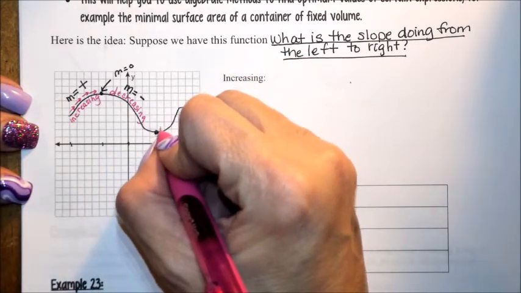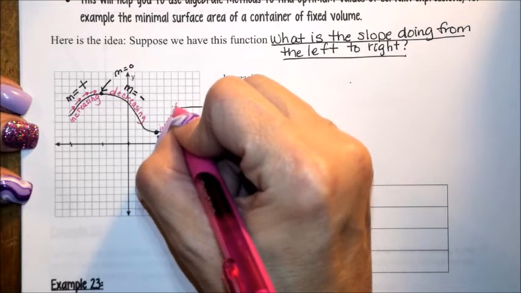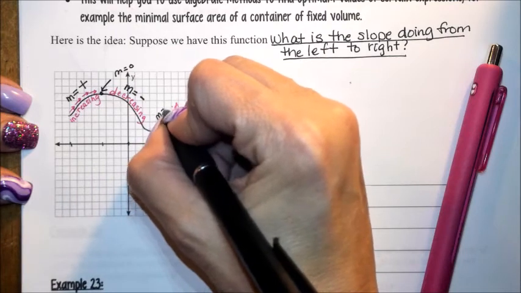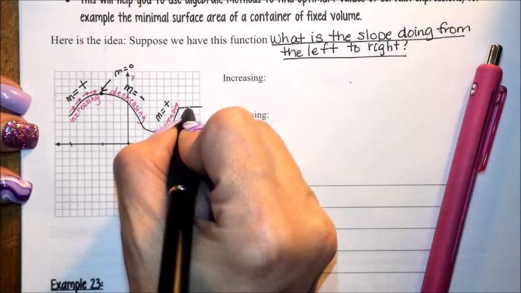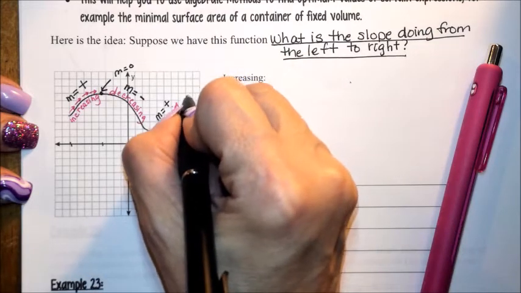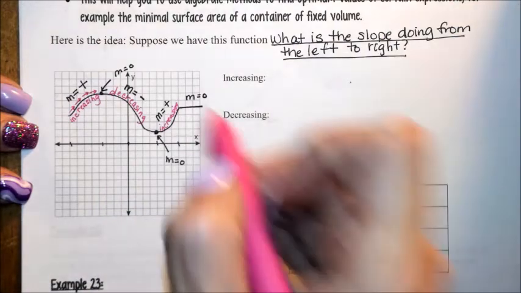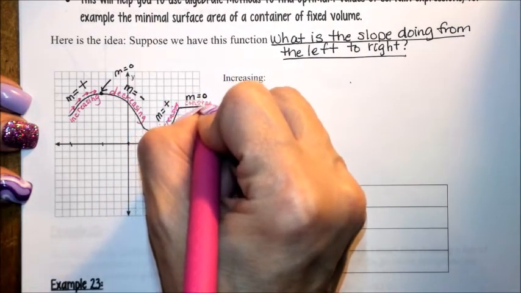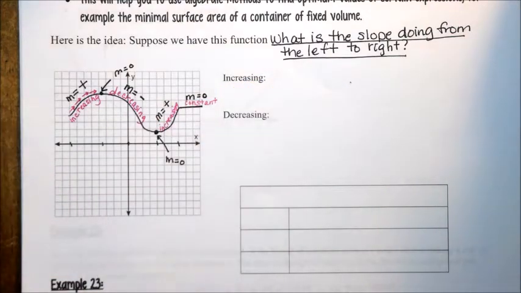So my function is increasing, and so right here my slope is going to be positive because my function's increasing. And then what happens here? My slope right here would still be 0 because it's a constant. The y value, the function, is just at a flat line. It's just at a constant, steady rate. So my slope would be 0.